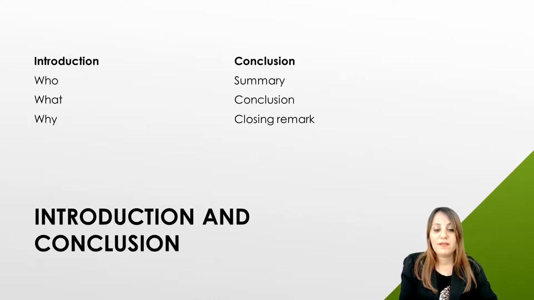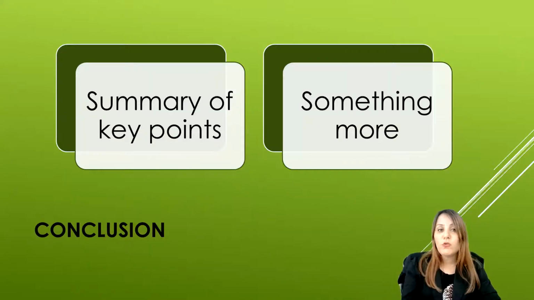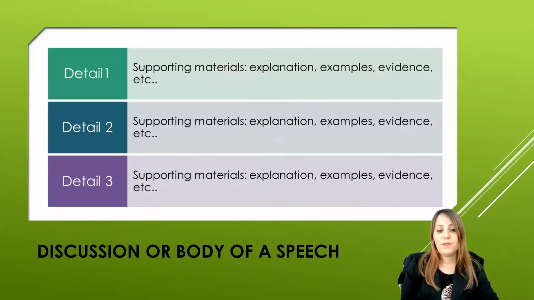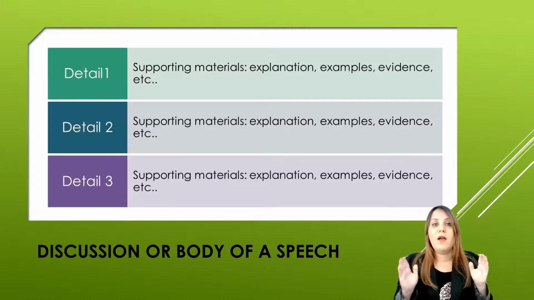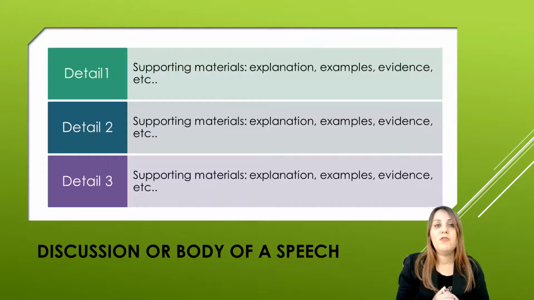So in other words, you have an introduction where you state your background information, your central idea or thesis statement, a conclusion where you summarize your key points, and of course, there's always more where you remind your audience why your speech is important. Now, for the body of your speech, I will request to have three details. So you need to choose one of the topics, and then you need to develop three main ideas for that topic.